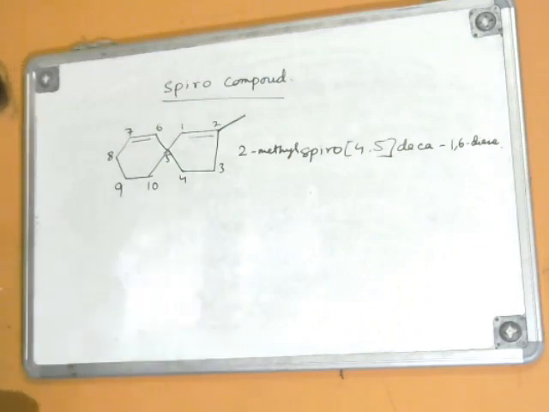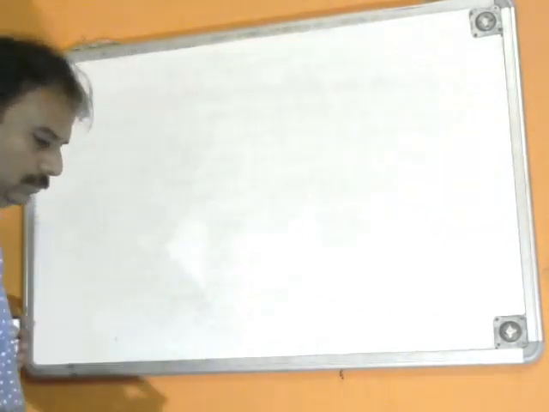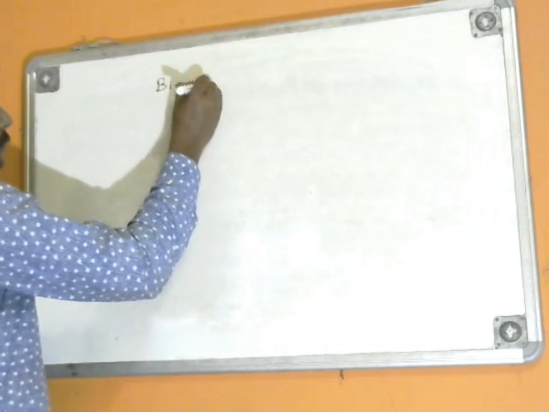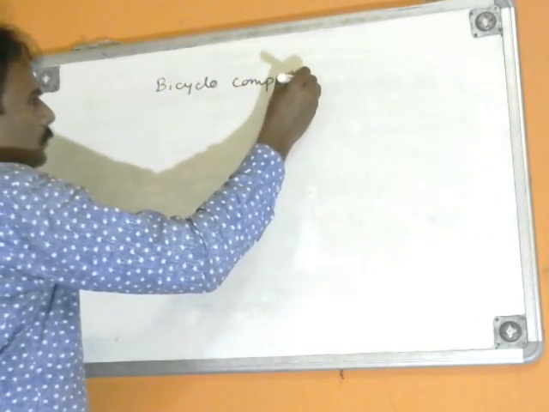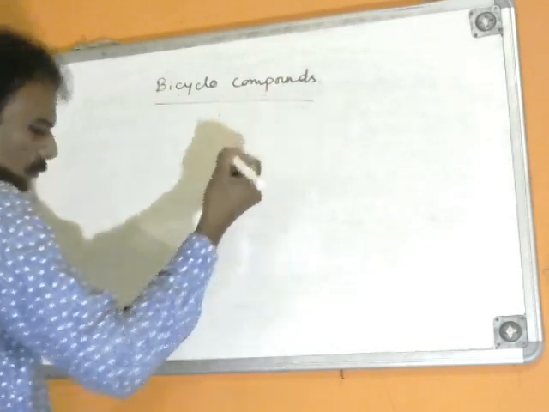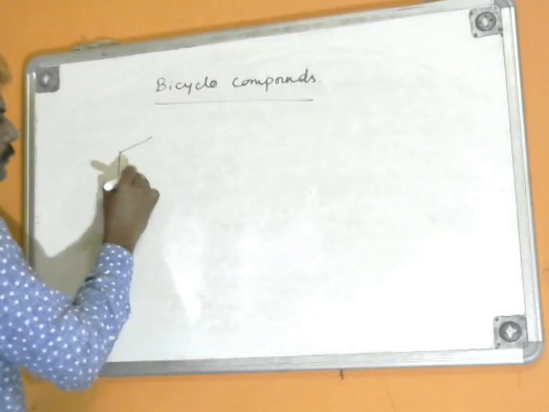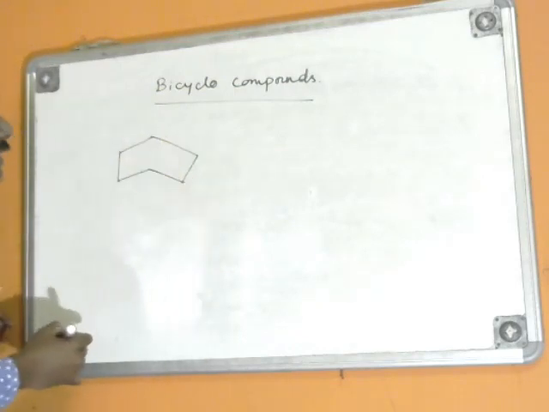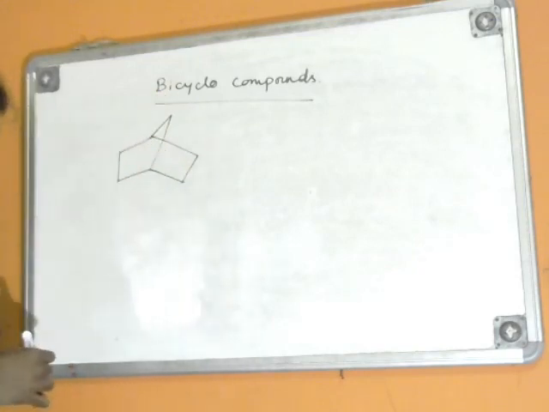Now, bicyclo compound. So what is bicyclo? If a ring is fused with a bridgehead, that means this is okay.